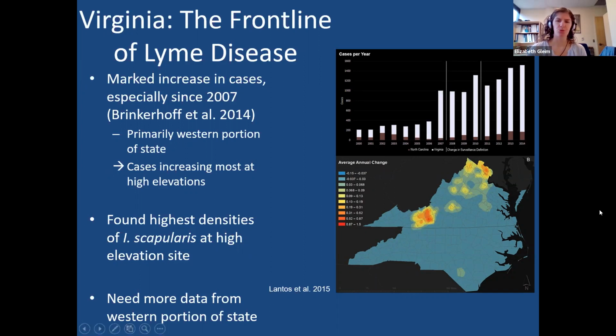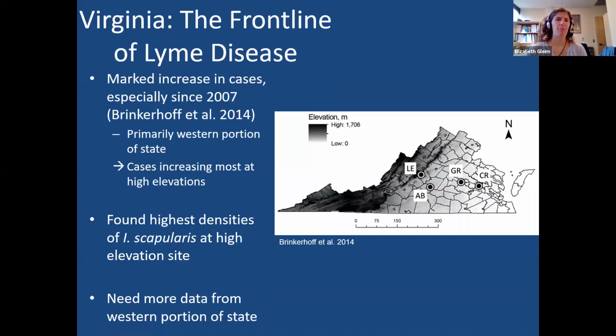And some research was done to try to better understand why this might be occurring. Brinkerhoff et al. actually did a study on an east to west gradient across the state examining Ixodes scapularis nymphs. Again, they focused on nymphs because they are most significant for human transmission of Lyme disease.